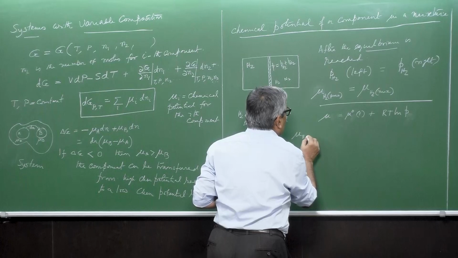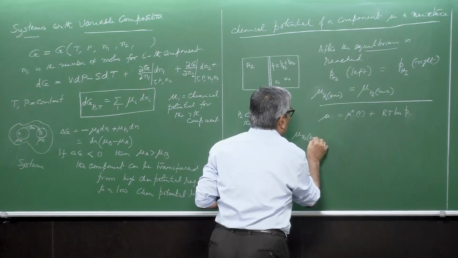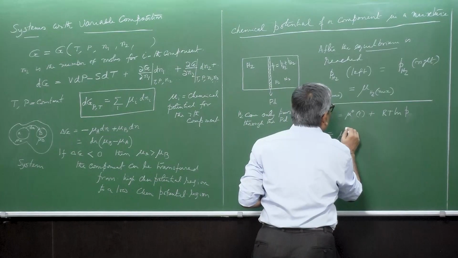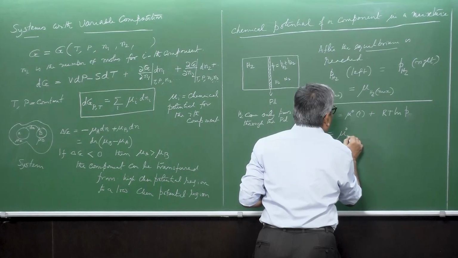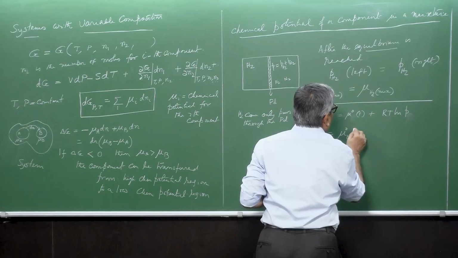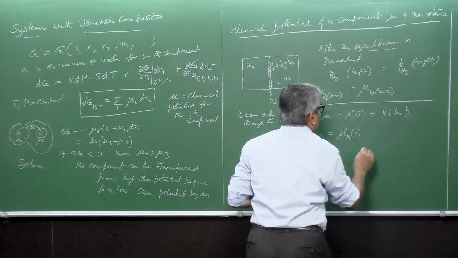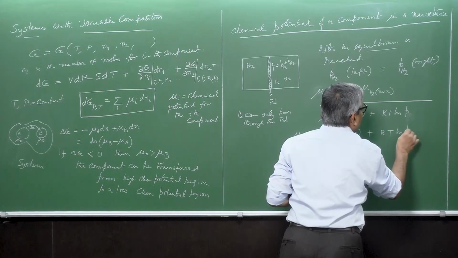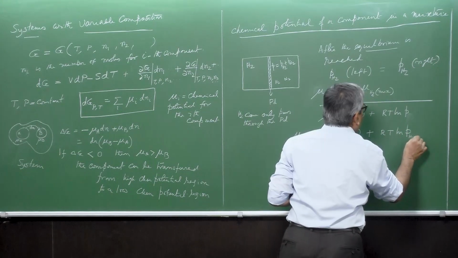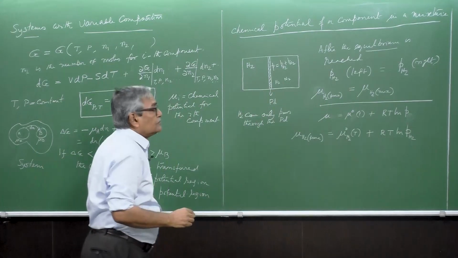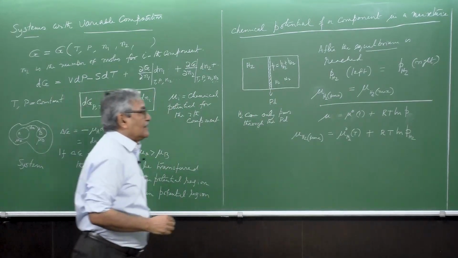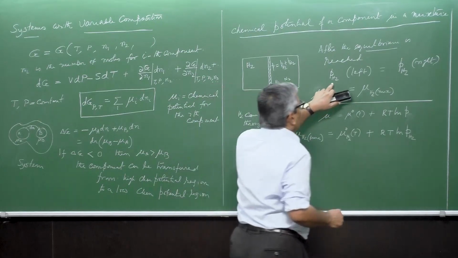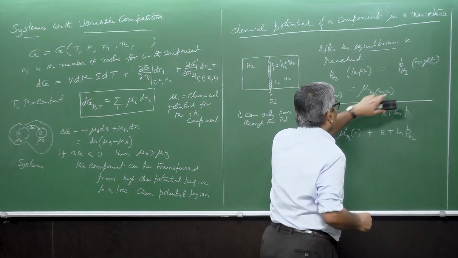Now we see that mu of pure H2 is equal to mu 0 H2 plus RT ln P of H2. That has to be true because this is the pressure for the hydrogen.